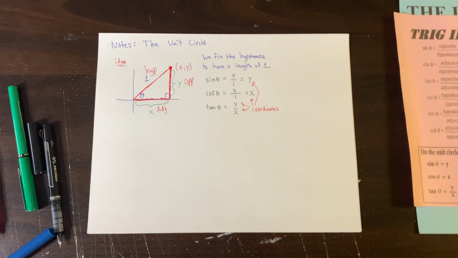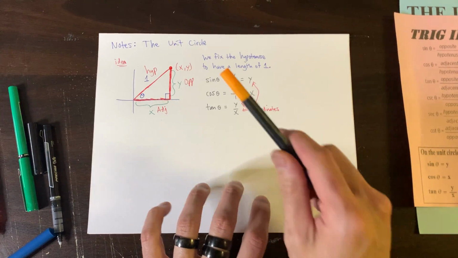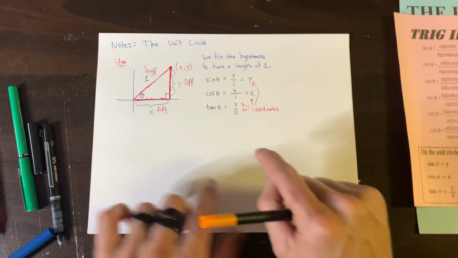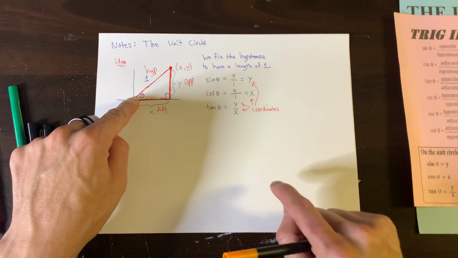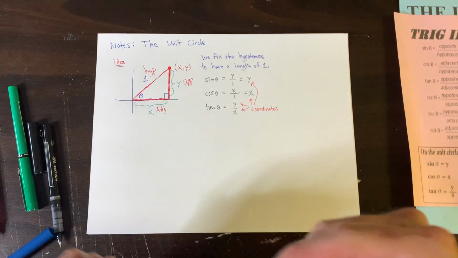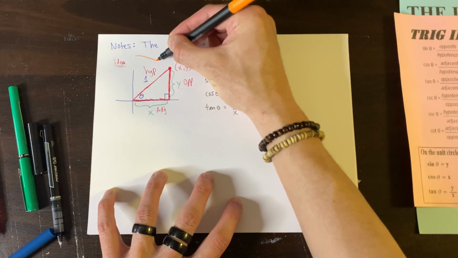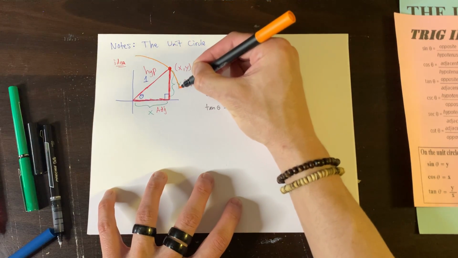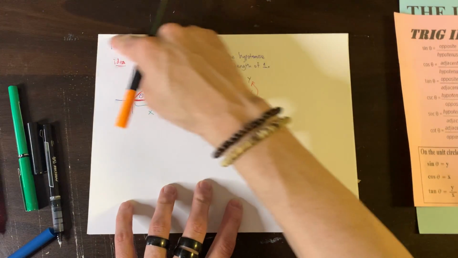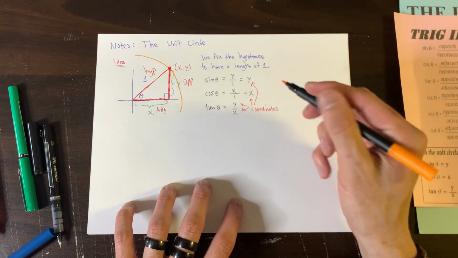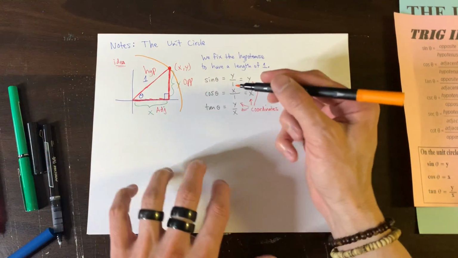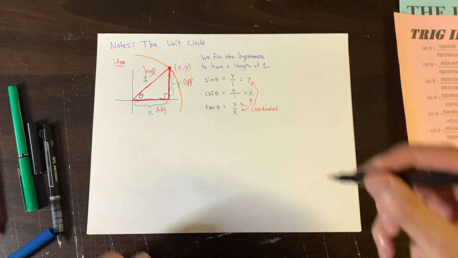I'll try to do it in a different color, maybe orange. I want to draw a circle where the middle of the circle is here, that's the center, but the circle passes through this point. I don't know if I can draw the whole thing, but that's the general idea. There's a circle that goes around where the center is here, and it passes through this point.